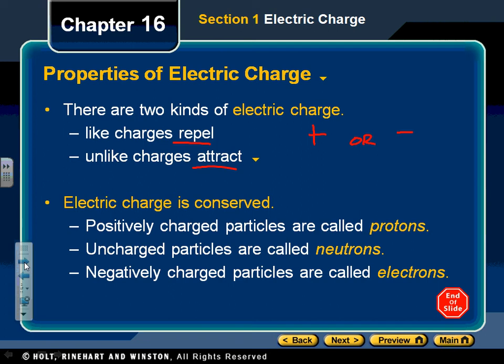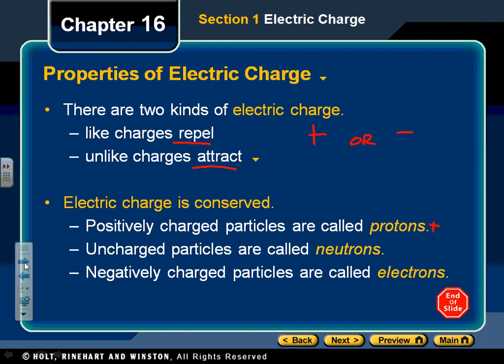So now you guys have heard of atoms before. Atoms are the reason for this electric charge. Inside of an atom, you have positively charged things called protons, uncharged or neutrally charged particles known as neutrons, and then negatively charged particles called electrons. Now, remember, inside of an atom, the protons are located inside of the nucleus.